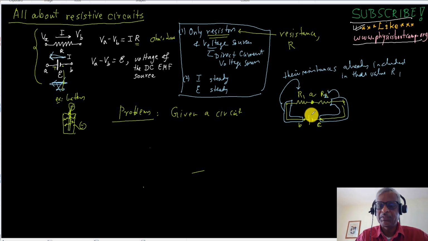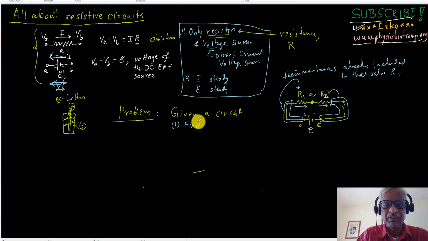So the question is, if a circuit is given, then what we want to know, since you have an EMF here, is what's the current going through each one of them. So one thing: find the current through each element.